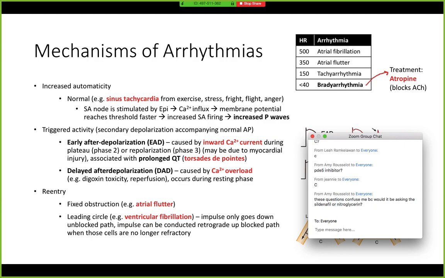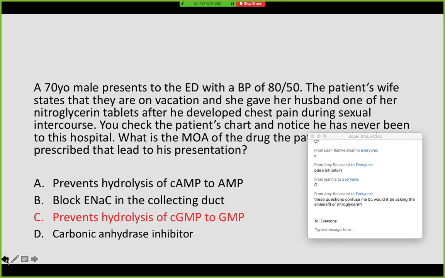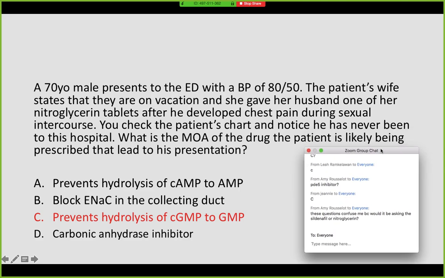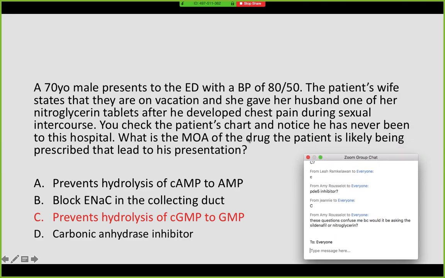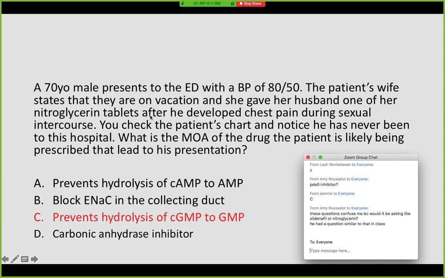These questions confuse me because would it be asking about sildenafil or nitroglycerin? So in this case, the wife gave him the nitroglycerin. He wasn't actually being prescribed nitroglycerin, she just popped him one because he started having chest pain during sex.